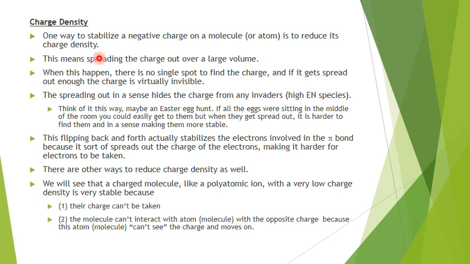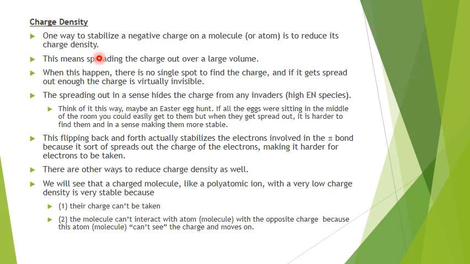And what we'd like to do is have a way to stabilize them. Also, whenever an atom or molecule has a negative charge, if you see that atom or that molecule with a negative charge as a stable molecule, that means that negative charge must be stable on that molecule.